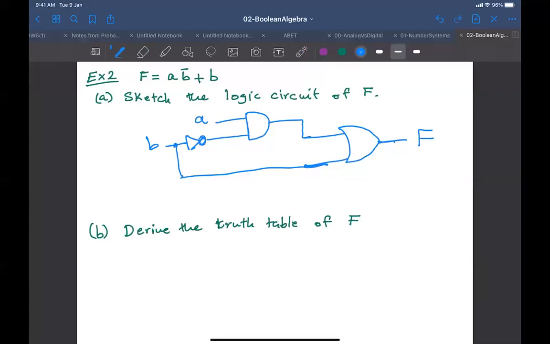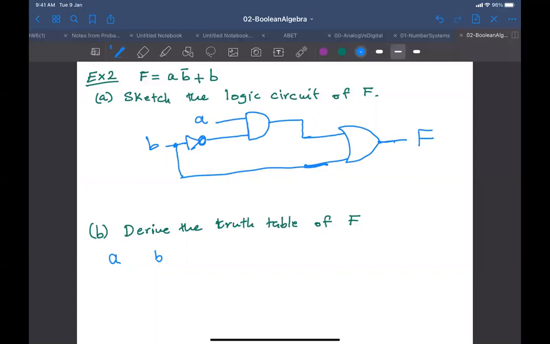Now the second question is to derive the truth table of F. How many inputs does this function have? 2 inputs, which are A and B. So we list the inputs first. How many possibilities do we have for the truth table? 4. Excellent. Why? Because we have 2 inputs, 2 to the 2 is 4.